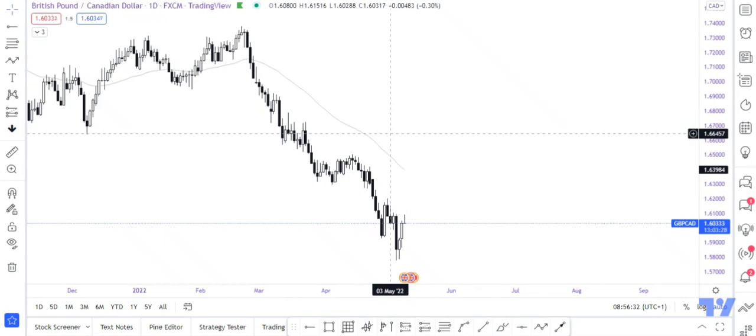Now, the idea of making an analysis on the daily time frame is a little bit different from making an analysis on the 4 hour time frame, right? Because if you make your analysis on the daily time frame, then you'd have to look at daily structure level and daily key level, right?